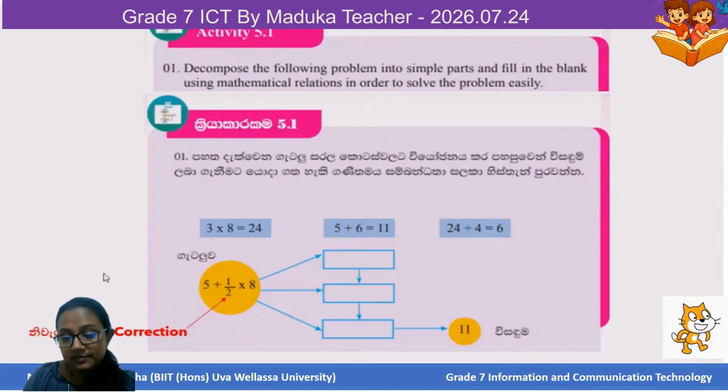There's a printing mistake. Take out your workbook, son. Go to the activity 5.1.